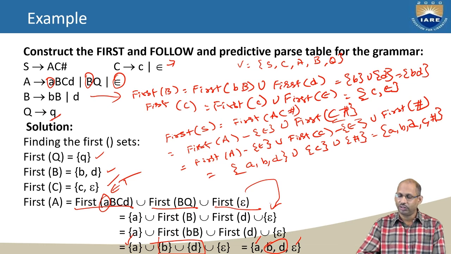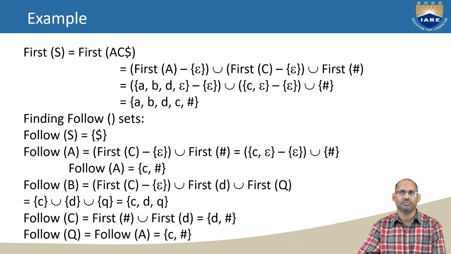So first of S equals a, b, d, c and hash. So first of A minus epsilon union with first of C minus epsilon union with first of hash.